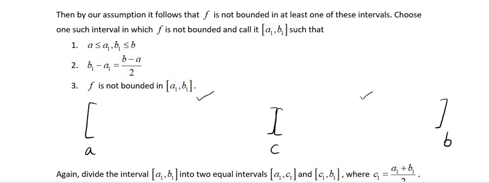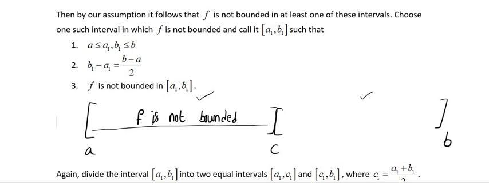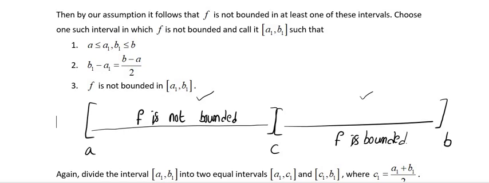Now we want to choose the interval in which f is not bounded. If we choose this interval, in this interval f is not bounded. Here f is bounded. So wherever f is bounded, we are leaving that interval. So we consider the closed interval a comma c.